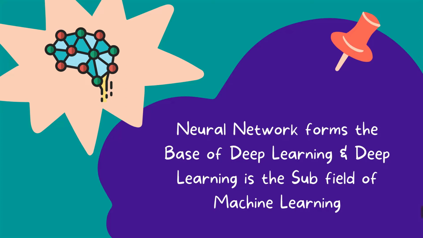Machine learning has some limitations, and based on those limitations, deep learning came and rescued it. Deep learning is a subfield of machine learning, right? And neural network, natural language processing, is formed on the basis of deep learning.